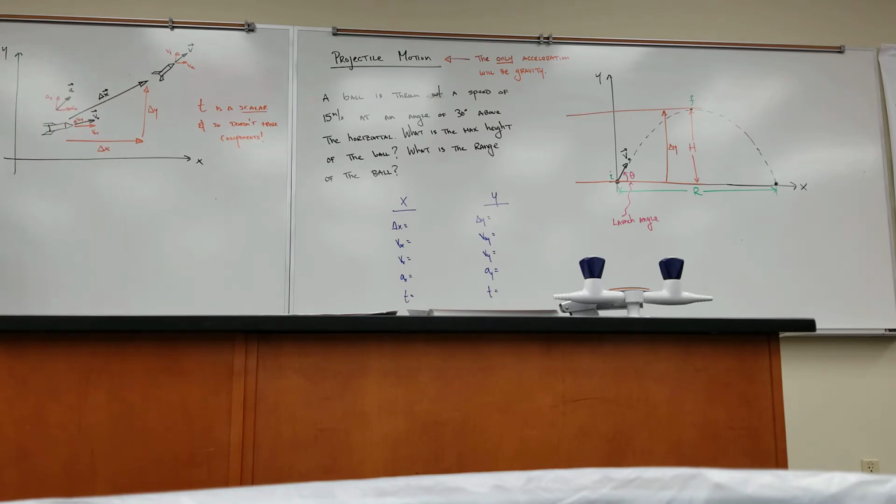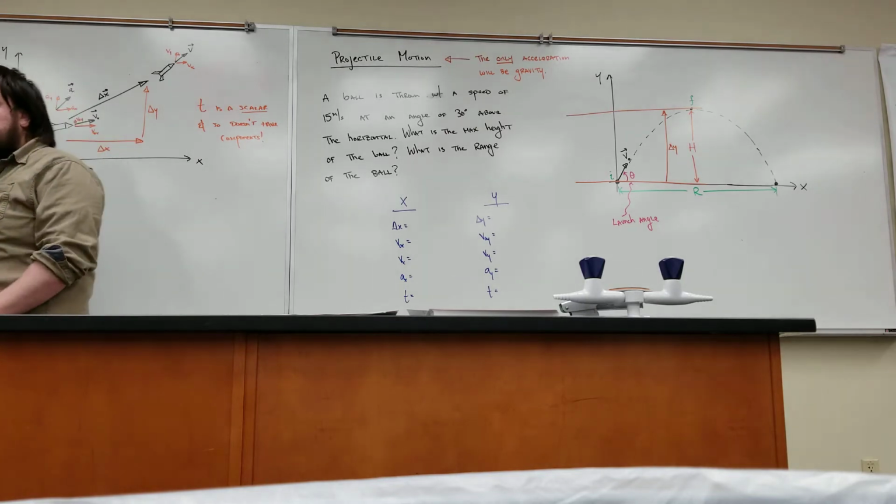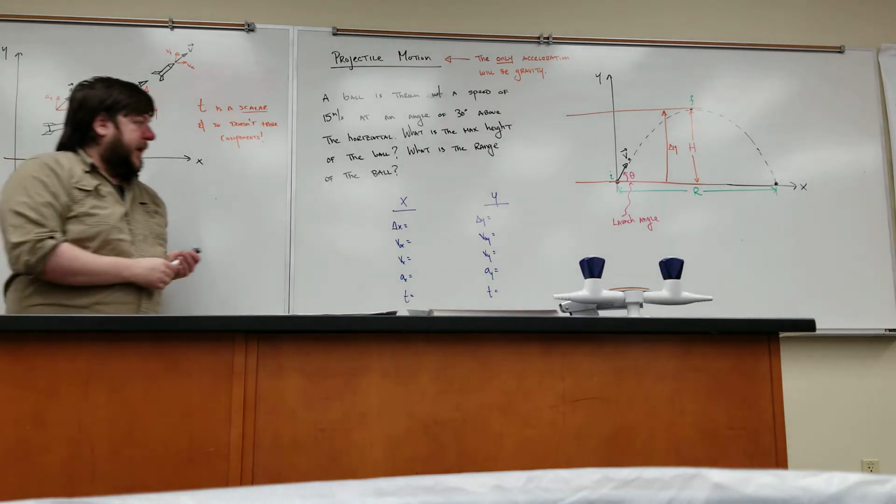Where in these equations does the y component of acceleration appear? Nowhere. So gravity does not have any effect on the x direction. It affects only the y direction. And that's really important. Okay?